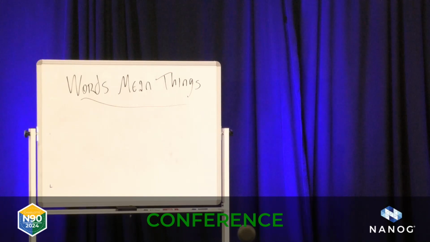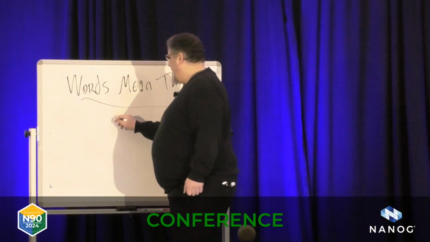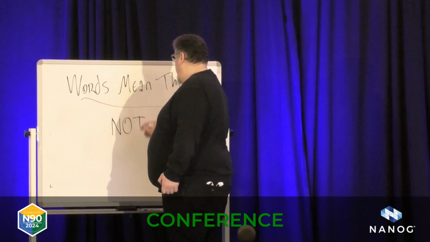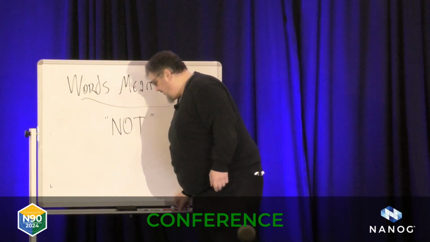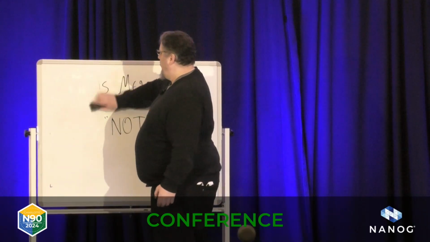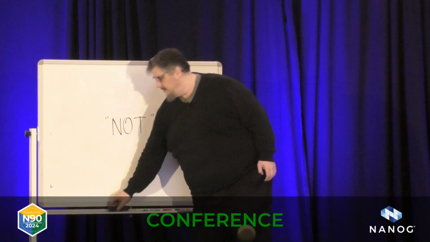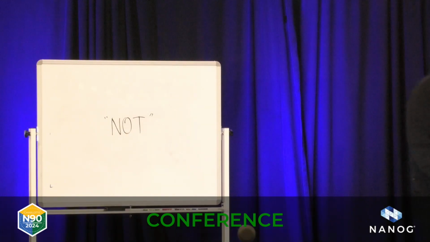But the biggest one, and this is really hard, the word not. The tricky part with the word not, at least in American English, is that humans kind of skip over the word not.